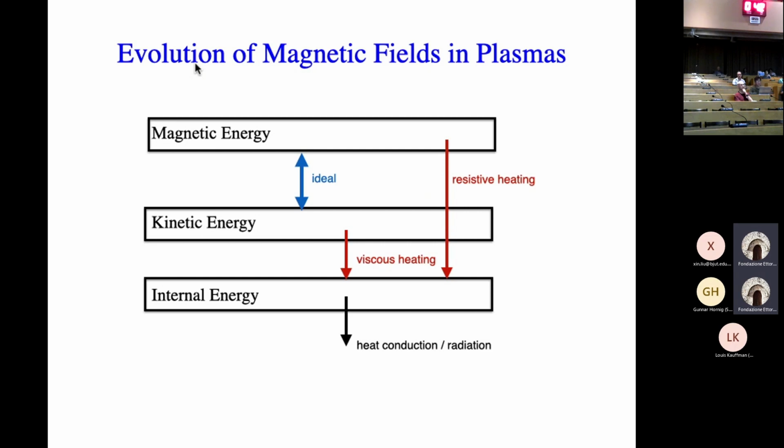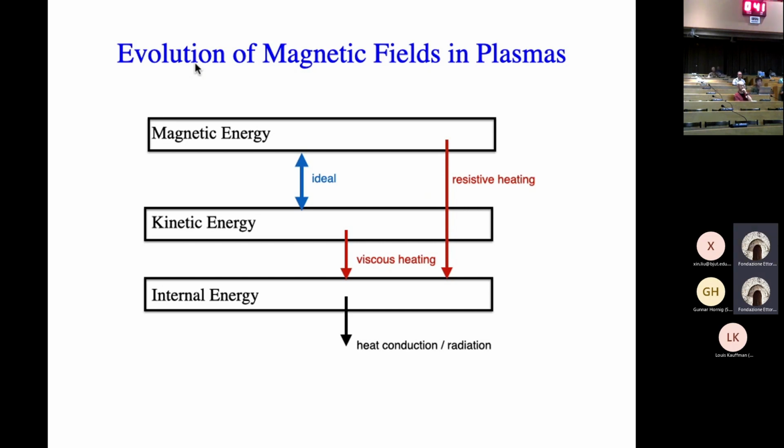And eventually all the energy which has accumulated in the internal energy can be moved either via heat conduction or via radiation to the outside. So this is a rough scheme of how magnetic relaxation can happen.